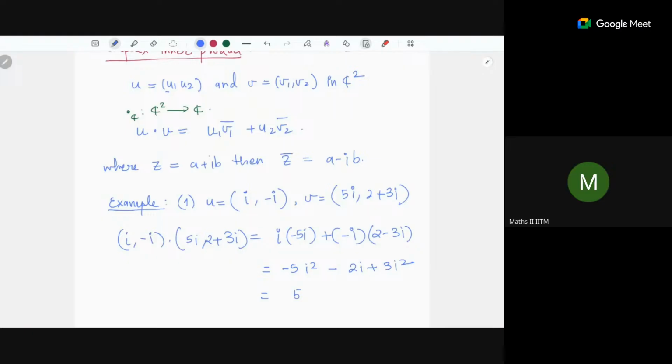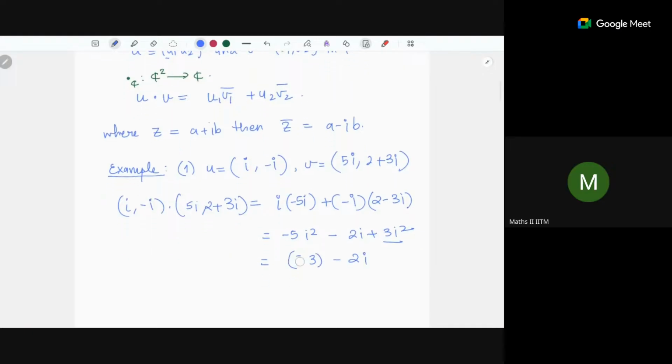And the last thing is 3i squared, that means -3. So 5 - 3 - 2i, which is nothing but 2 - 2i. Okay, so it is a complex number.